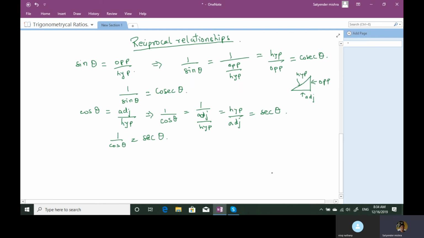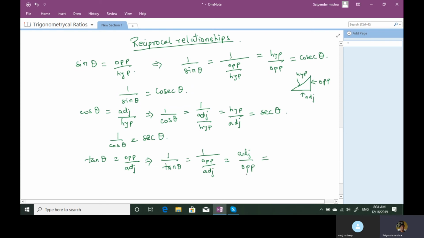Now next thing is tan theta. So what is tan theta? Tan theta is opposite by adjacent, right? If we do the reciprocal of tan theta, so 1 by tan theta is equal to 1 by opposite divided by adjacent, which is equal to adjacent by opposite.